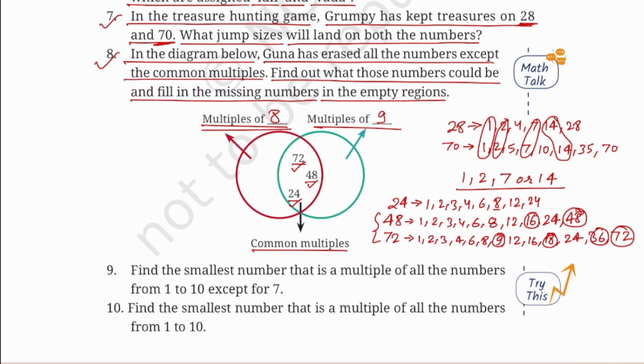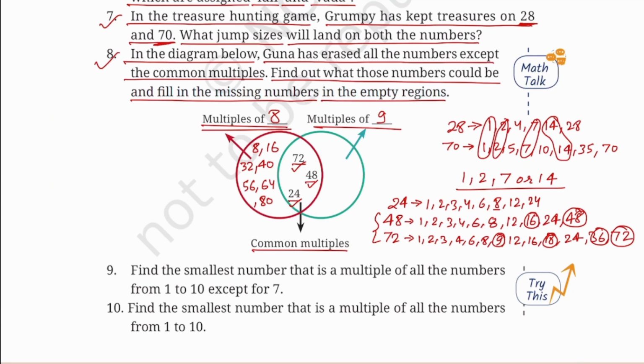Then you can write here multiples of 8: 8, 16, 24 is already there, 32, then 40, 48 is already there, 56, 64, 72 is already there, 80, and so on.